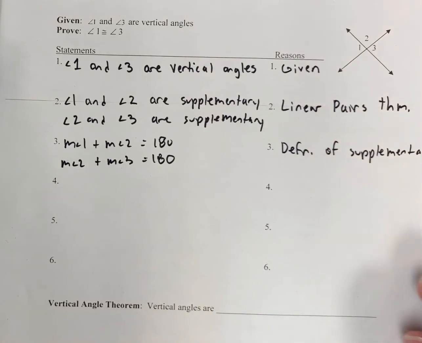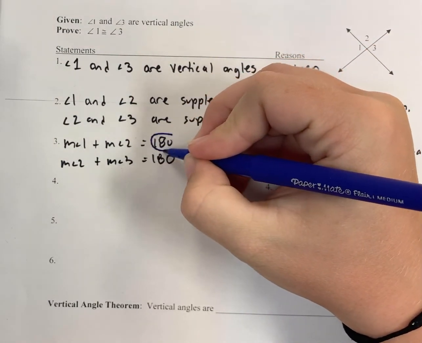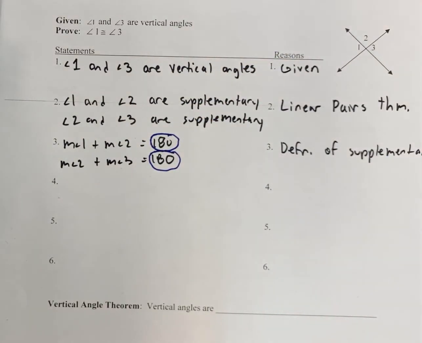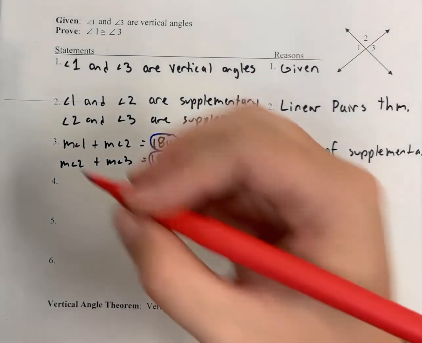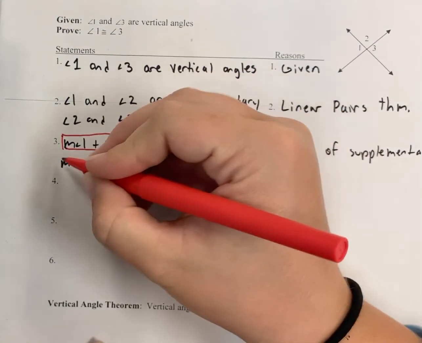Okay, this next part works kind of cool. Notice both of these equations are set equal to this 180, right? The measure of angle 1 plus the measure of angle 2 is 180, and the measure of angle 2 plus the measure of angle 3 is 180. That means these two have to be equivalent.